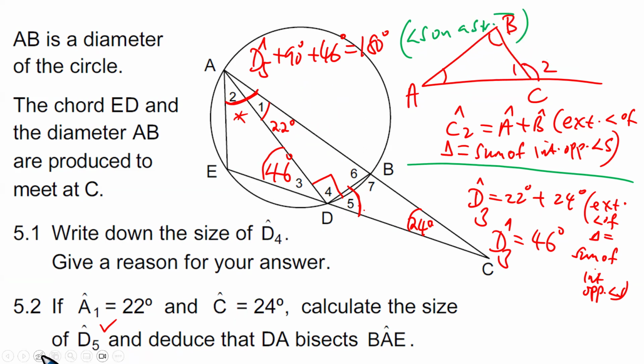So at this point, we're able to see that the angle D5 is equal to 180 degrees, then we move the 90 and we move the 46 degrees, which means the angle D5 is 180 minus 90 minus 46. What is the answer?